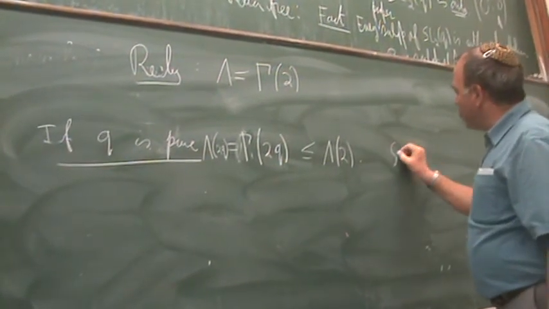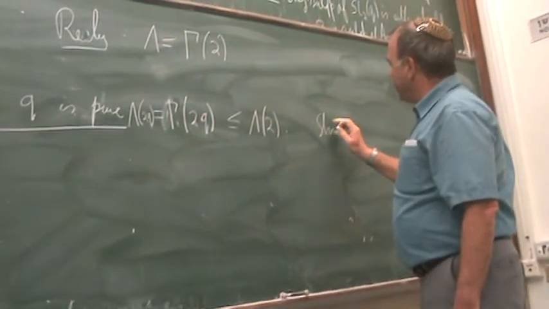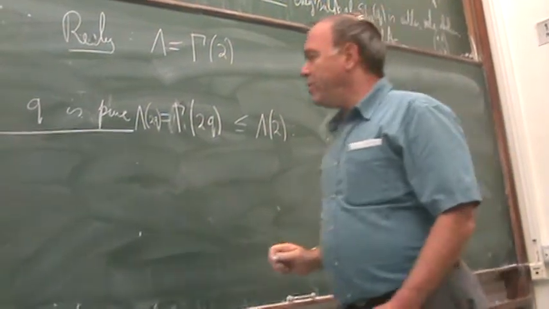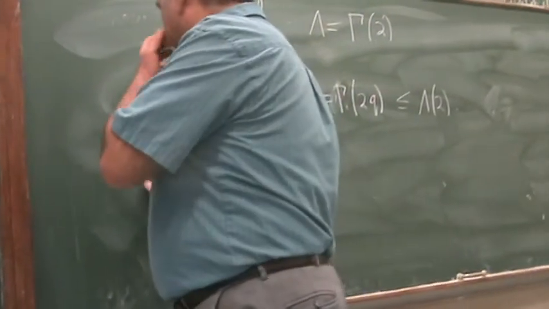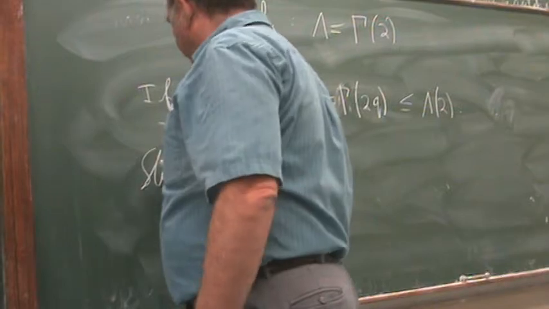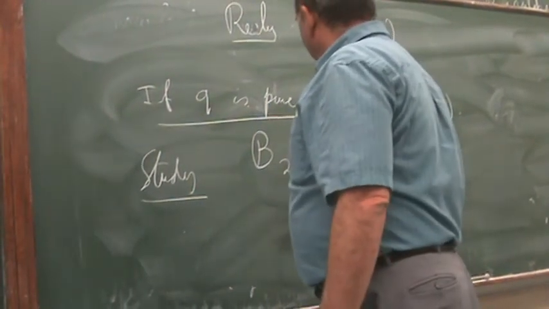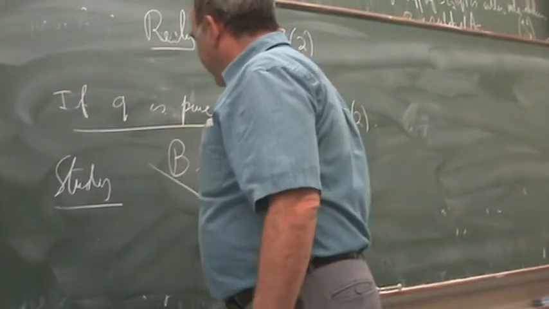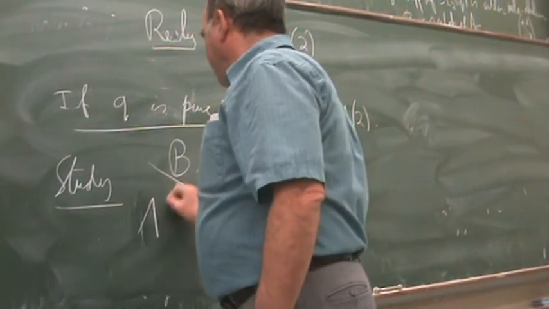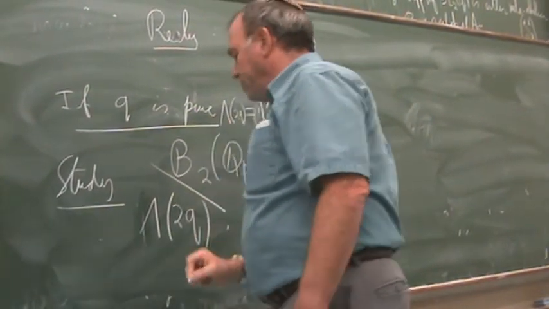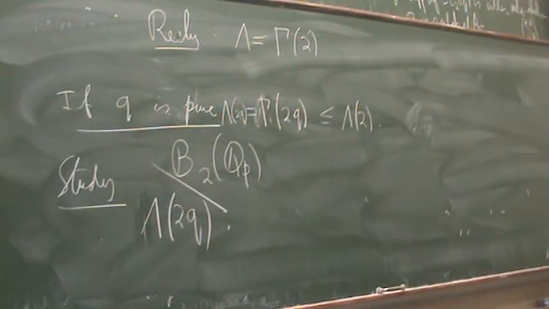Because of the strong approximation, now what do we want? We want to study the building of PGL2 of Q_p divided by these groups lambda 2q.